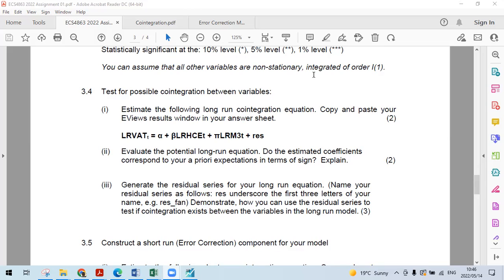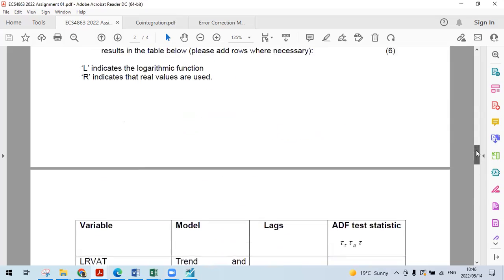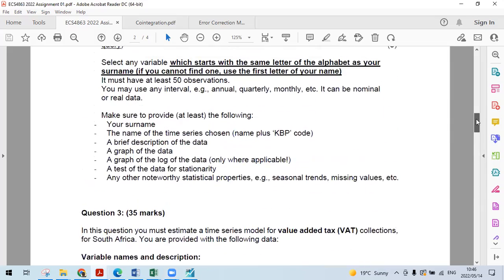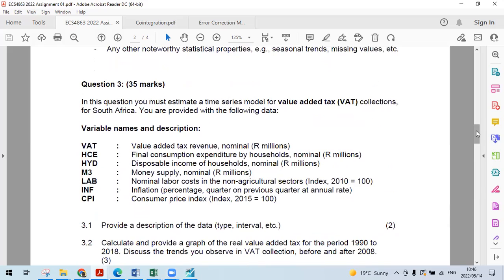What influences VAT collections? We are told here that there are so many things that can influence VAT. Final consumption expenditure can influence VAT, disposable income can influence VAT, money supply can influence VAT, nominal labor costs can influence VAT, inflation can influence VAT.